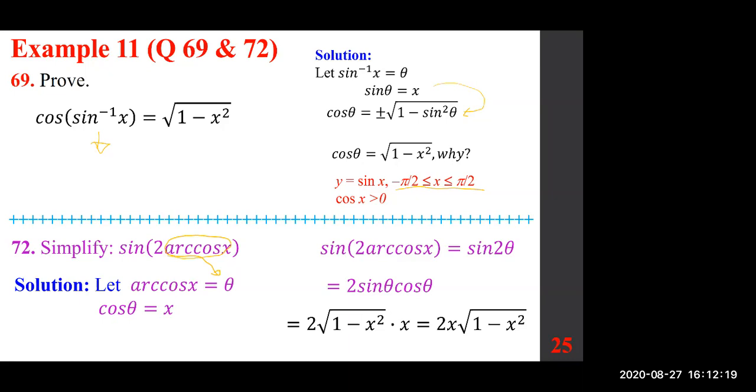Now, the only thing I want to add here is the following. Okay, so this comes from the fact that we did this before. So this is sine 2 theta.